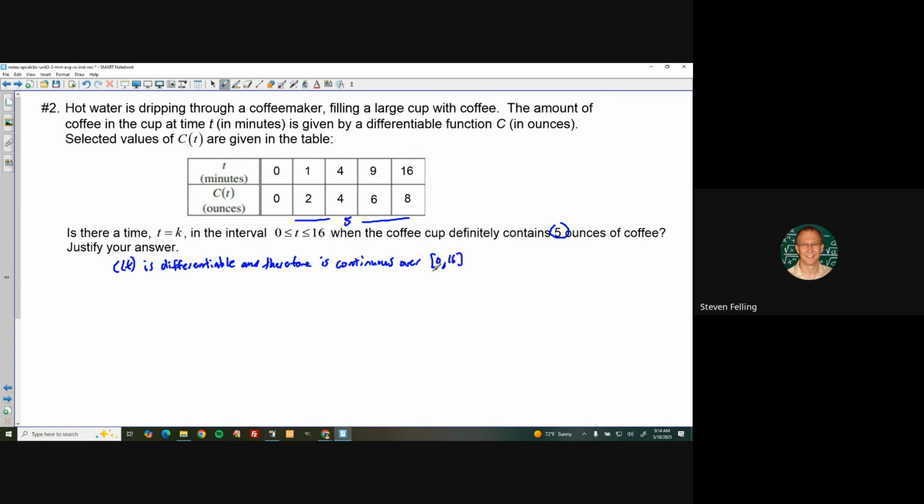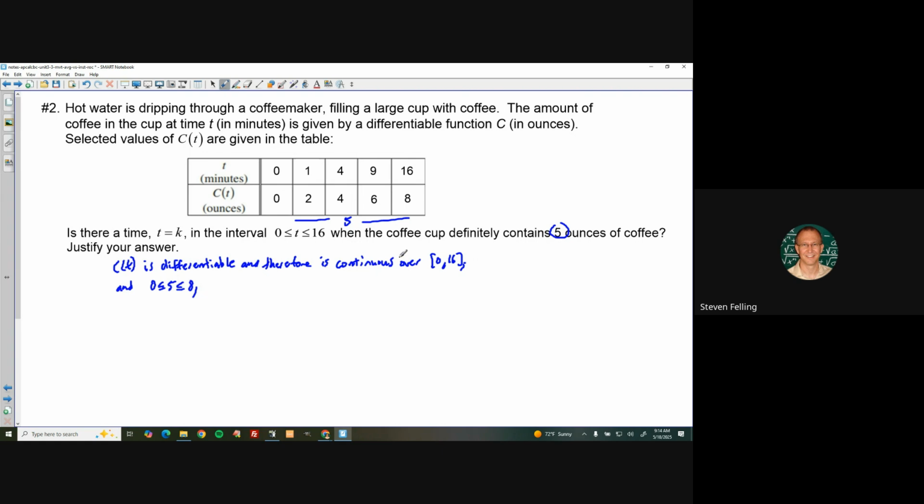That is a condition for invoking the intermediate value theorem. The other condition is, so we can say, and the output values are 0 to 8, and this target output value of 5 is between those values. So that's the full condition for invoking the intermediate value theorem.